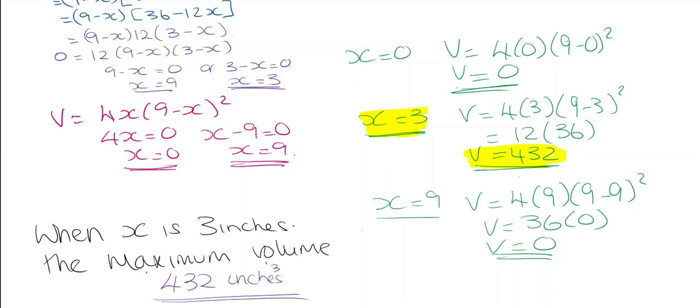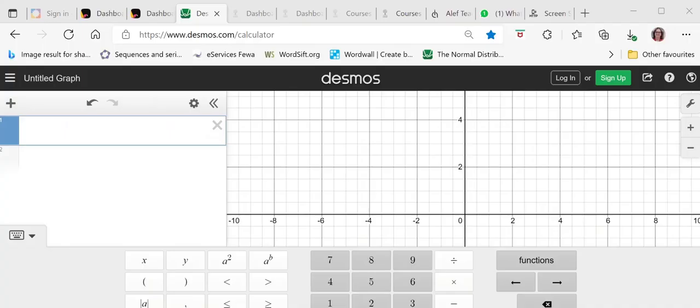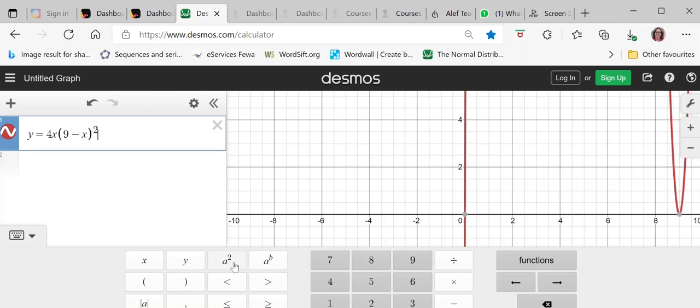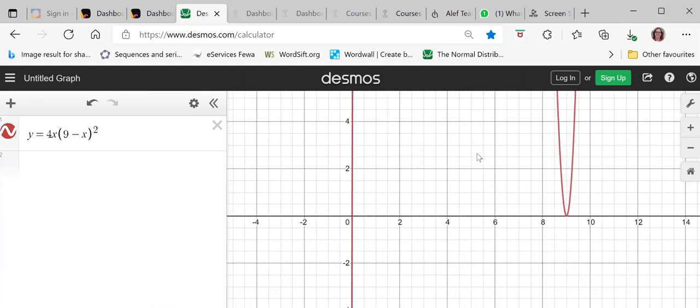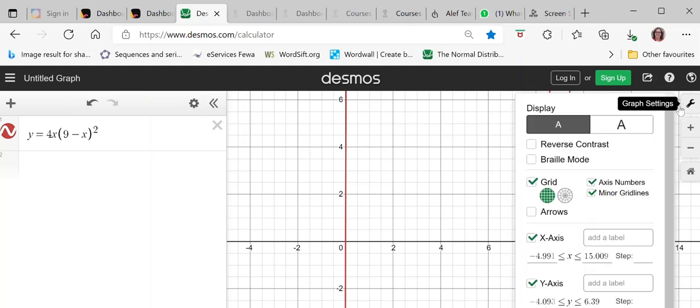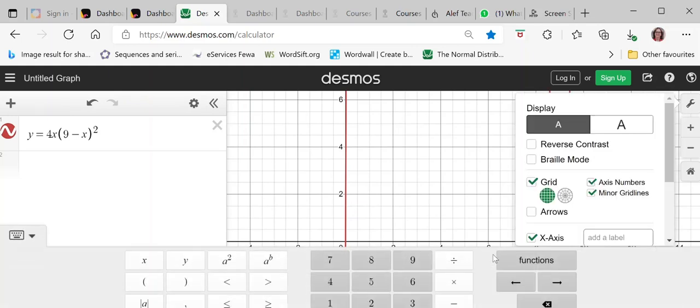Okay, so we could check this in Desmos. If we put this into Desmos, our equation for volume, y is equal to 4x multiplied by 9 minus x squared. Now, we can't see this graph very well. It's a bit big. So I'm going to go to settings and change my axes.